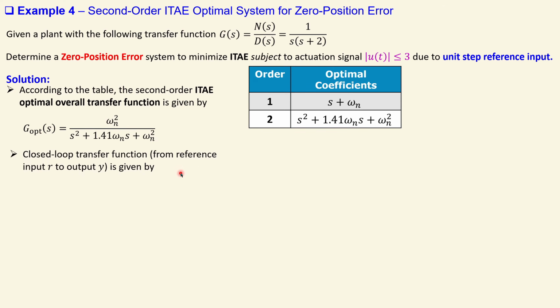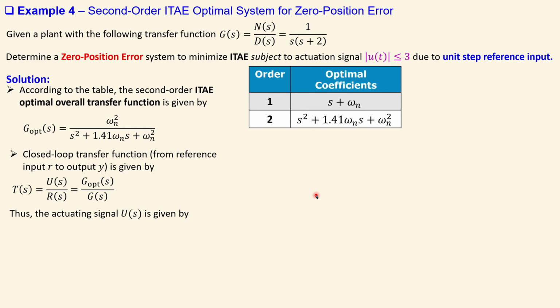Now the closed loop transfer function from the reference up to y is given by this. So r to y, actually r to u, I must say. So it is in this. Now we have g optimum over g, which we have given as the plant.